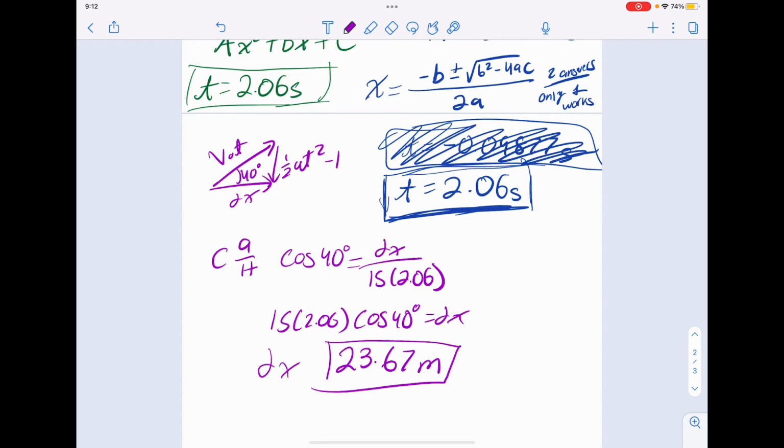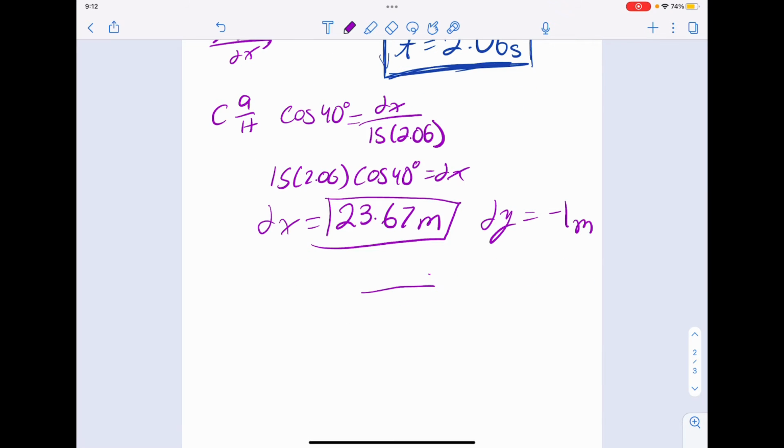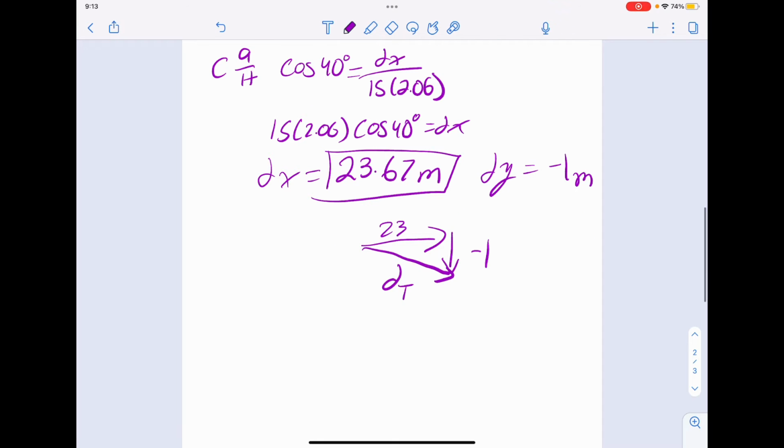Now we know our displacement in the y was negative 1 meters. So that means we went over 23 and we went down negative 1. So what's our total displacement? We're going to use Pythagorean theorem.